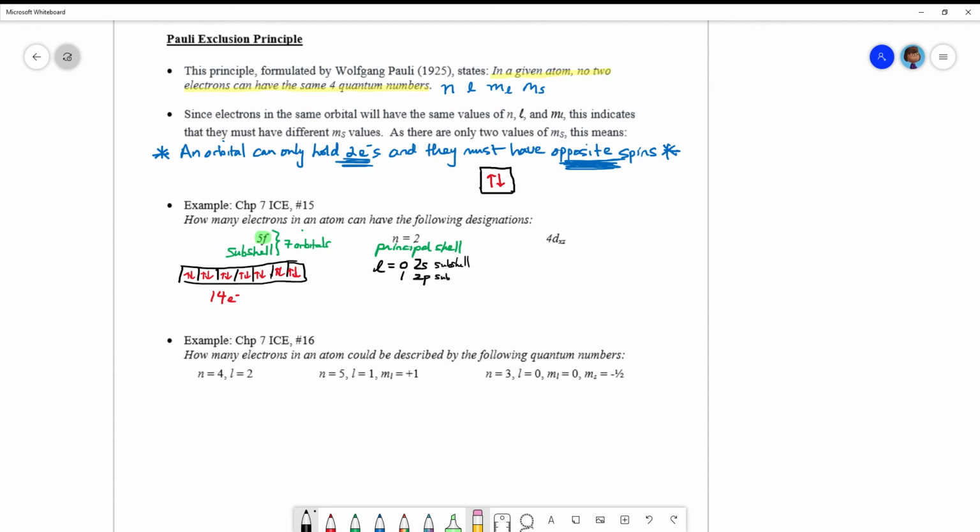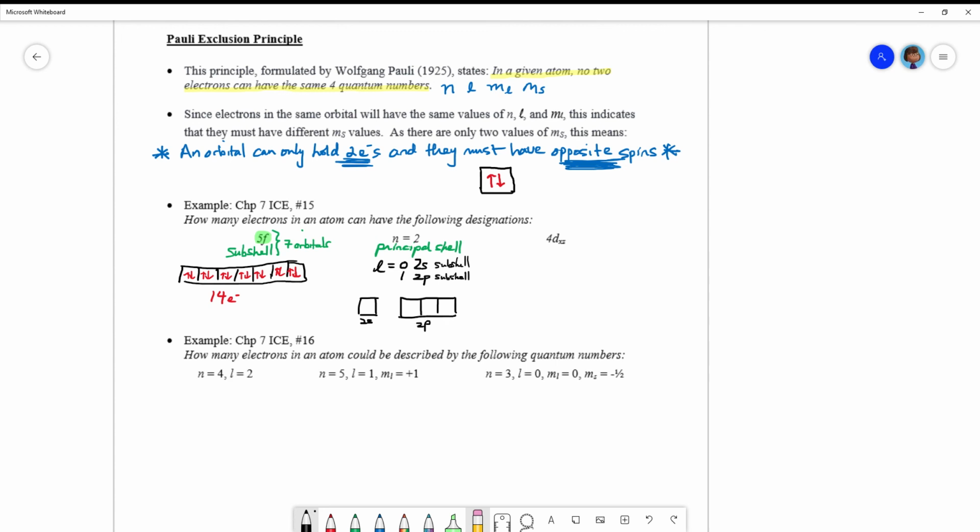Now, how many orbitals are in the 2s subshell? Well, 1 orbital is in the 2s subshell, which I can draw like this. How many orbitals are in the 2p subshell? Well, 3. There are always 3 orbitals in the p subshells.